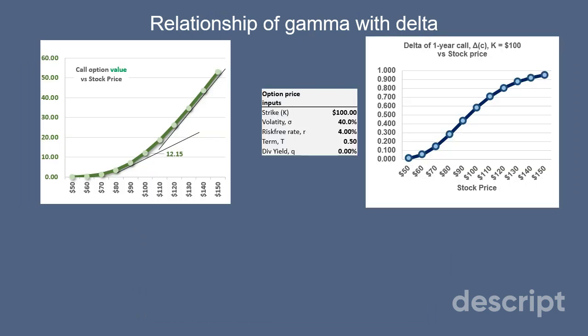How to depict the relationship of gamma with delta? The first graph shows the call value of an option whose details are given below. The second graph shows the delta value of the call option across various spot prices.